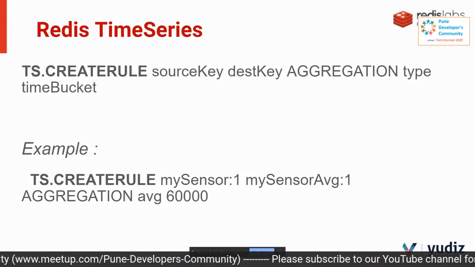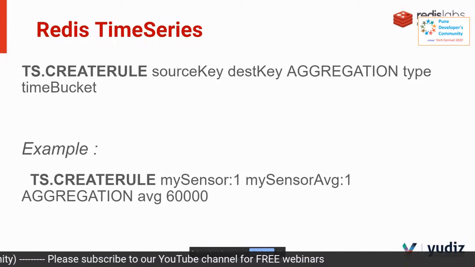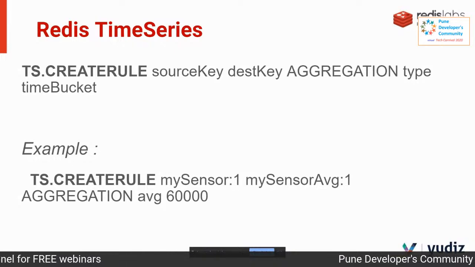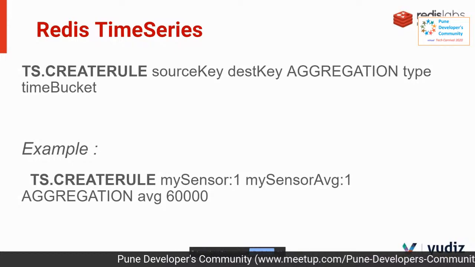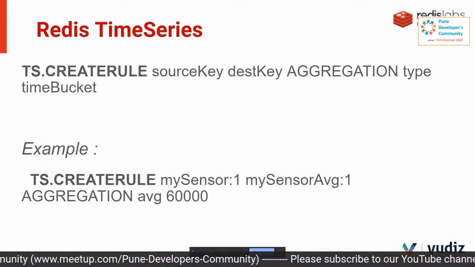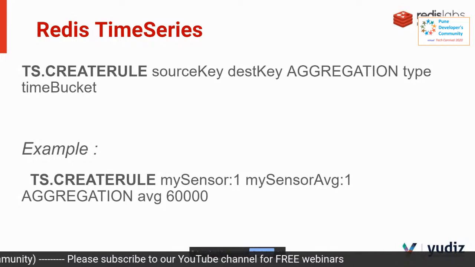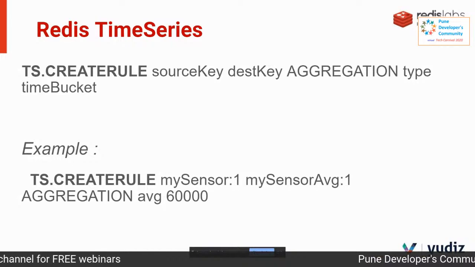But for that we need two keys. For create rule, first we need to have a second key, like my sensor average of one. So here my key is created. Now we can create a rule.